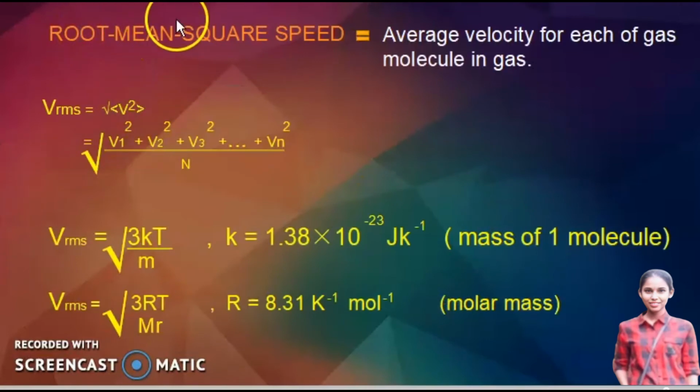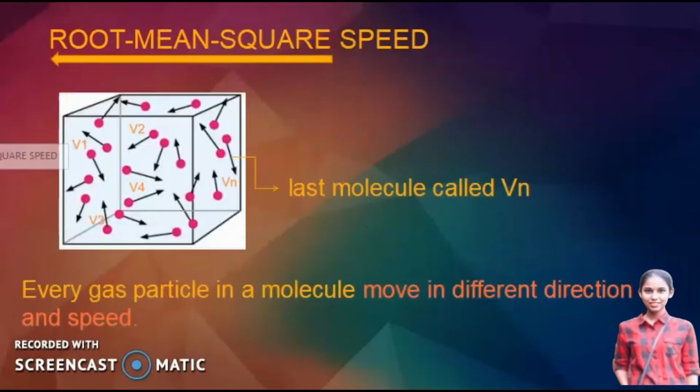Okay, what is meant by root mean square speed? Since every gas particle moves in different direction and different speed, we must use root mean square speed to find the average velocity for the gas molecules in a gas. Okay, how do we find it? Let me show you the screen.